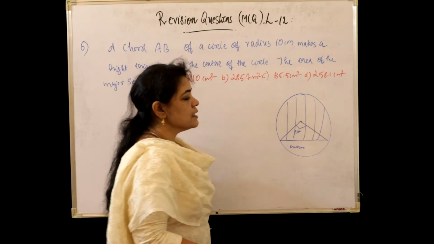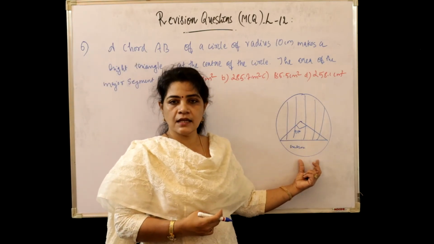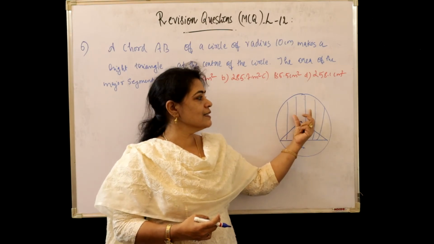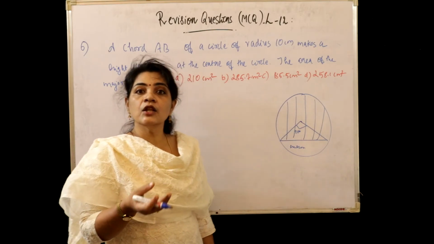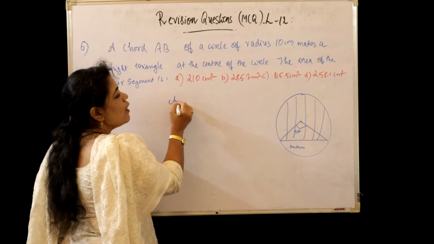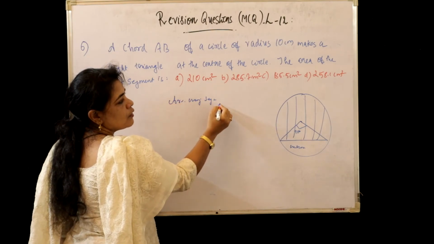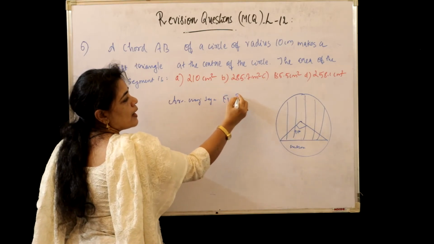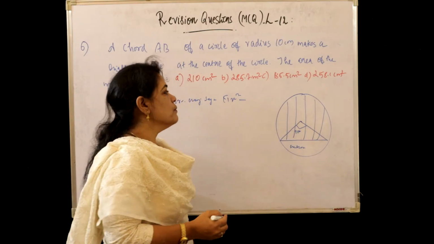So from this it is very clear: if you subtract the area of the minor segment from the total area of the circle, you will get the area of the major segment. The radius is given, so area of the major segment is equal to area of the circle, pi r square, minus the area of the minor segment.